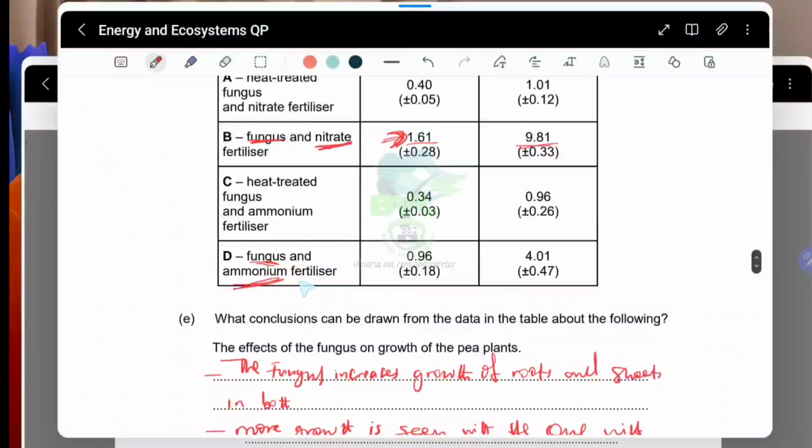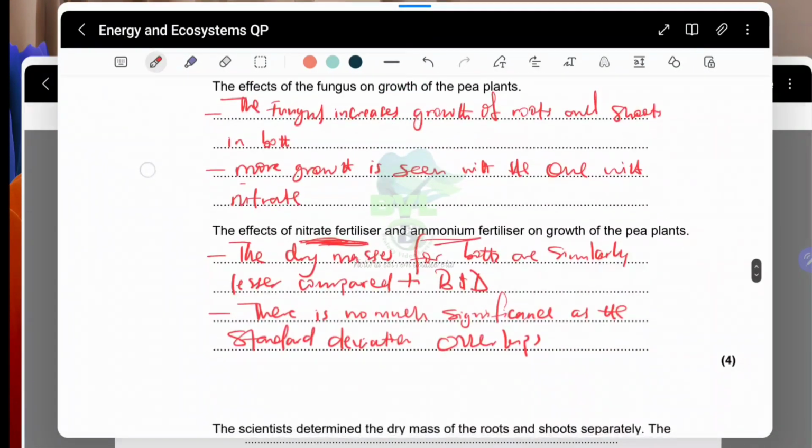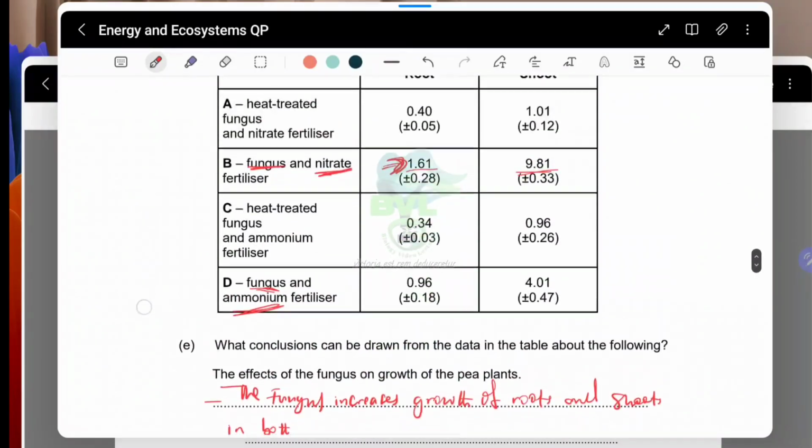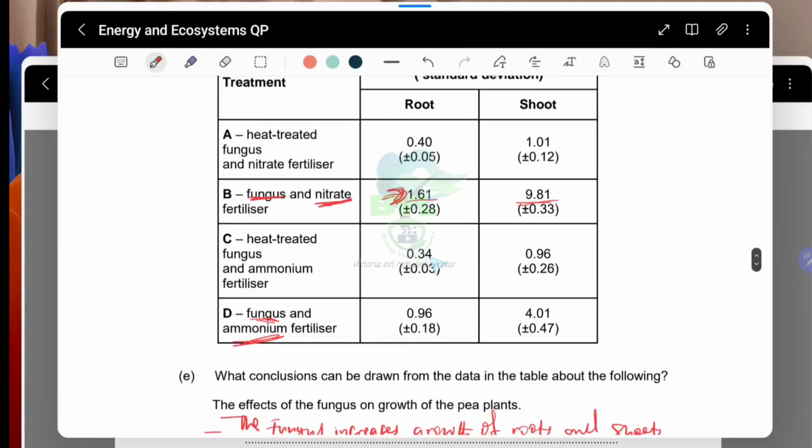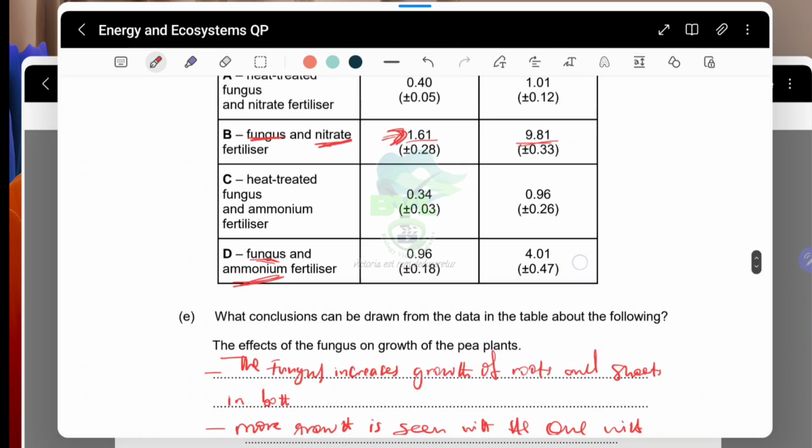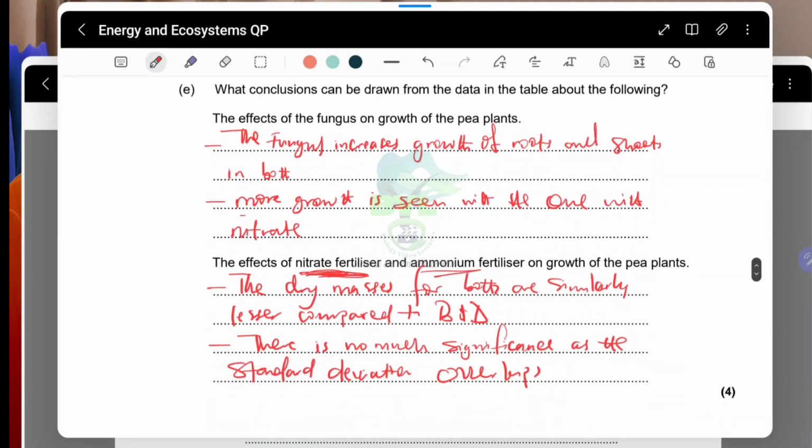So if you look at the one of ammonia, I hope I've not switched it the other way around now. Okay, compared to B and D. Yes, so this B, hold on one sec. So yes, this is what it means actually. The dry mass for both are similarly lesser compared to B and D.